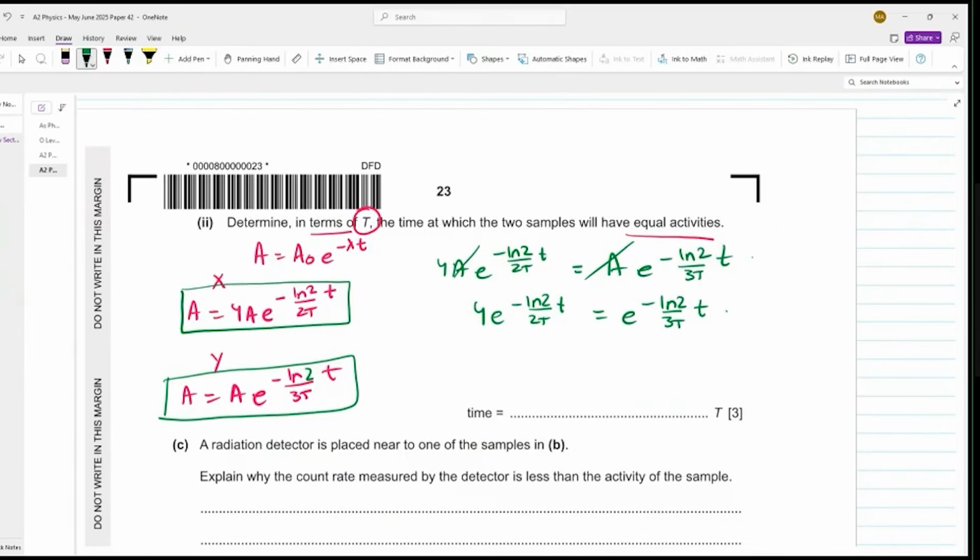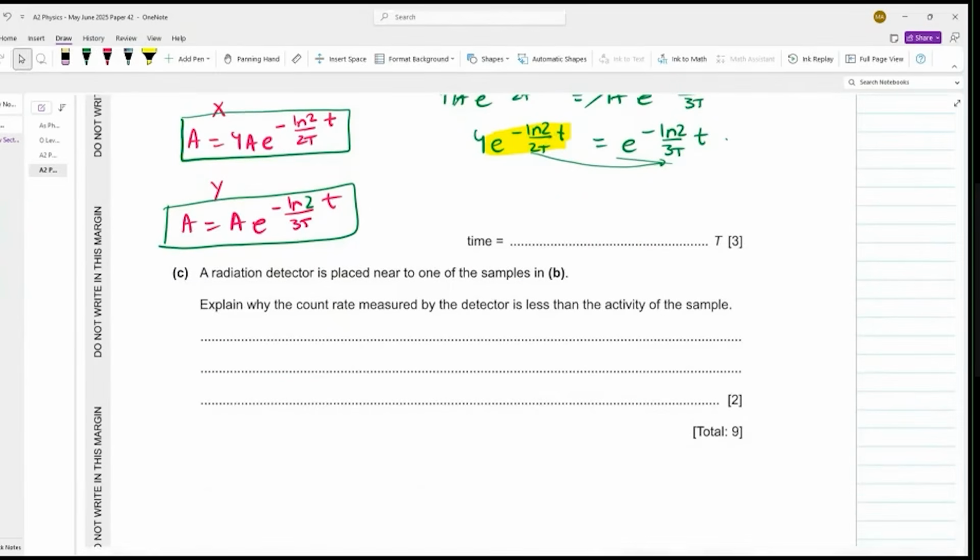What can you further do? You can take this entire thing to the denominator here. Let's do that.